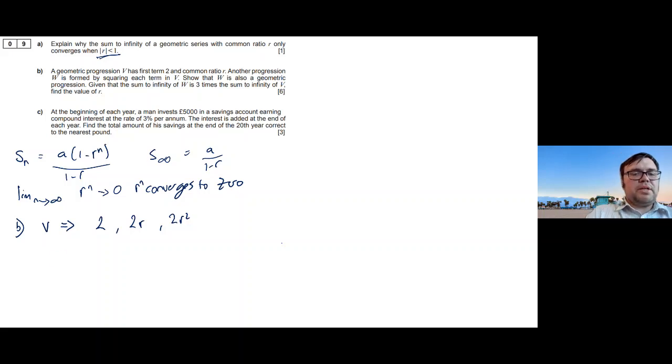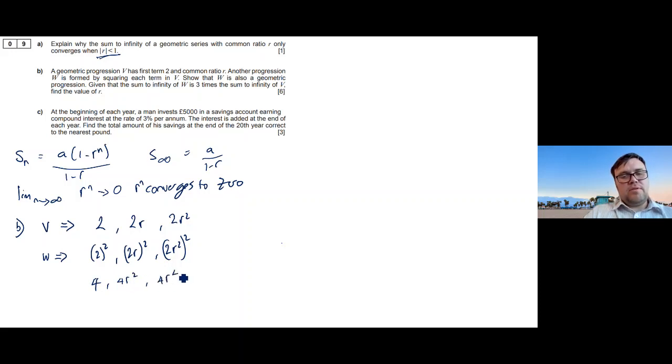Another progression, W, is formed by squaring each term in V. Show that W is also a geometric progression. Okay, so if that's the case, then it's 2 squared, 2r squared, 2r squared squared. So this would give us 4, 4r squared, and 4r to the 4.